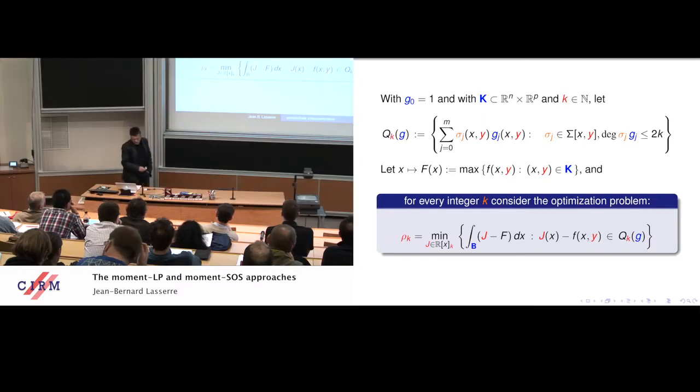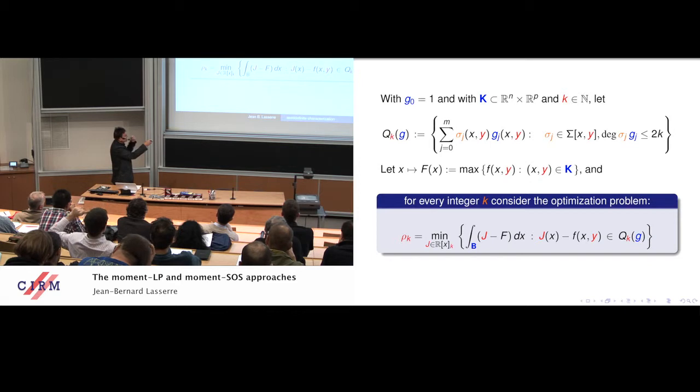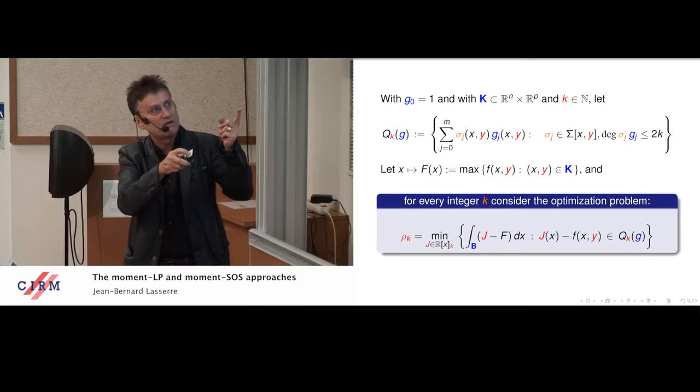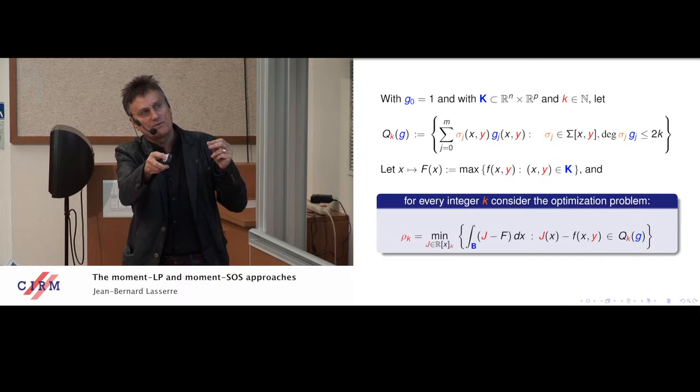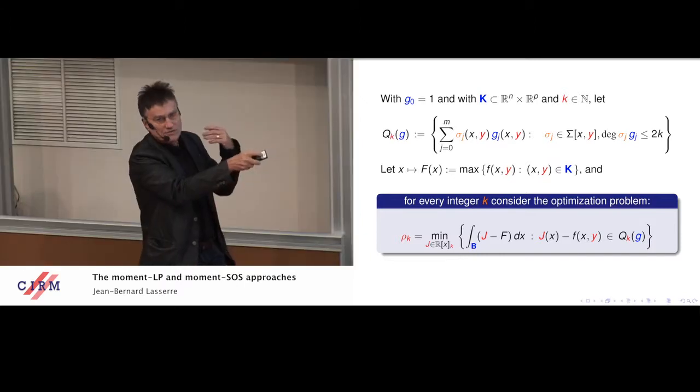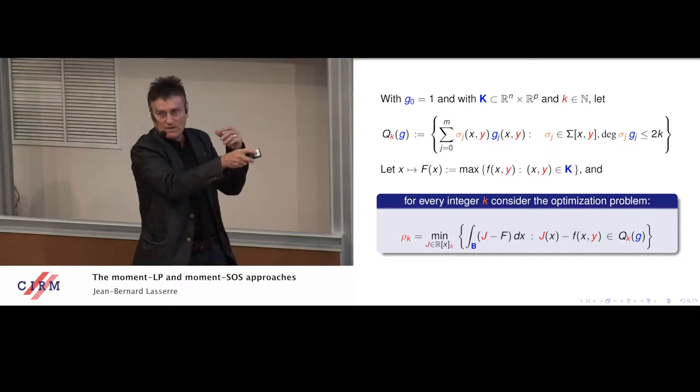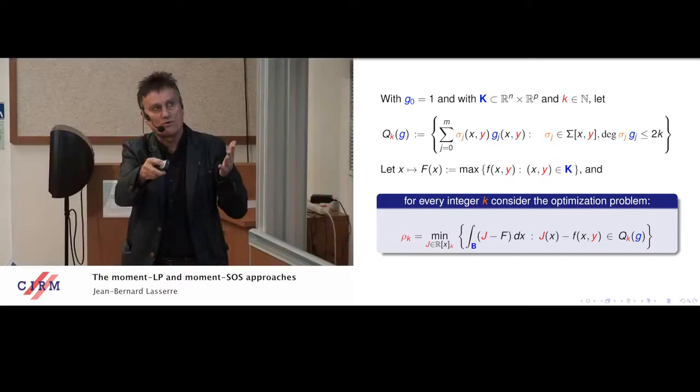And then you look at this optimization problem. You look for a polynomial g of degree at most k, so that you minimize the discrepancy between g and f. So g would be greater than f, because you write that g is an overestimator of f, let's say.